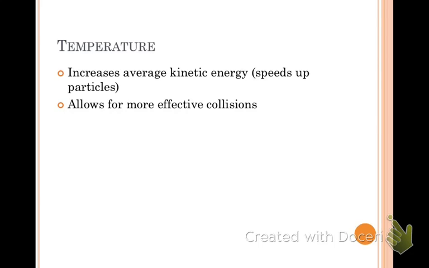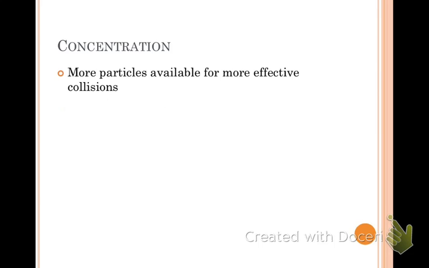So when you increase the average kinetic energy, we are increasing how fast these particles are moving, and we allow for more effective collisions because we have enough energy between particles when they hit one another, and because since all the particles are moving around so much, there's more chances to have correct orientation for these as well. So the higher the temperature, the higher the kinetic energy, it allows for more effective collisions.